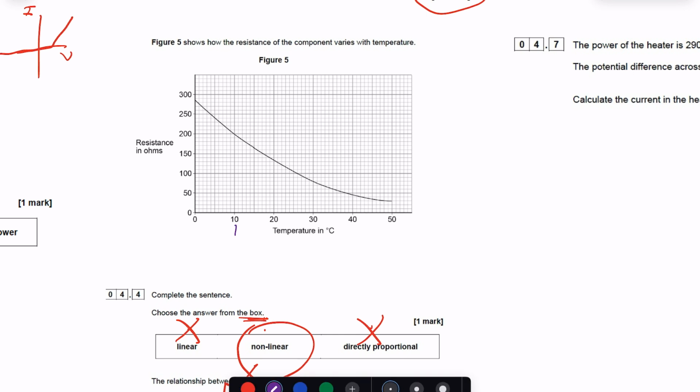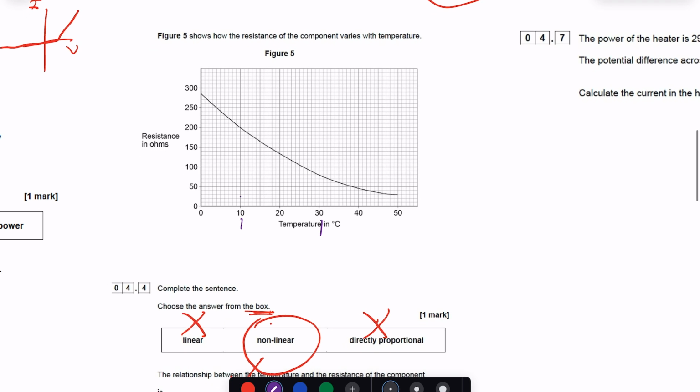At 10, I'm going to go up to my graph and see what the resistance was, and it's 200. And at 30, I'm going to go up to my graph and do some thinking. If that's 50 and that's 100 and there's 5 gaps, each one of these must be 10. So I'm going 50, 60, 70, 80, 90. And it's actually crossing at the 80 point.